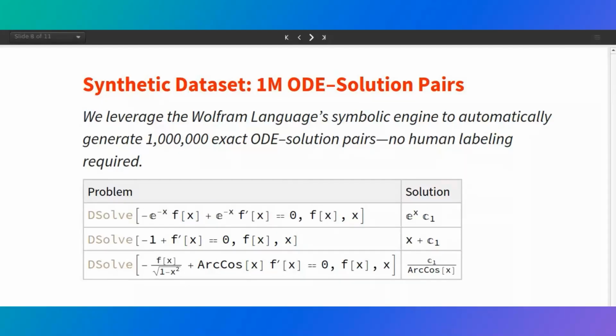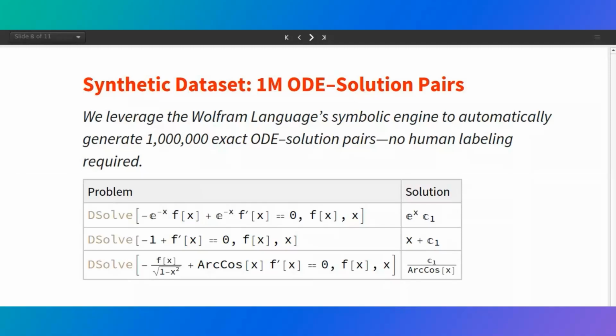mathematics can be explained like a language. So what we try to do is to train a model like GPT, the way language models are trained to do tasks like language translation and so on. For our data generation, we generated 1 million examples of pairs of problems and solutions.